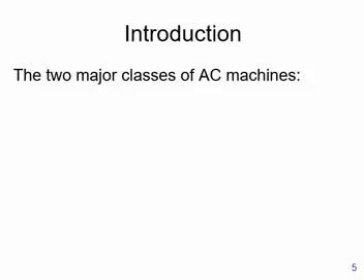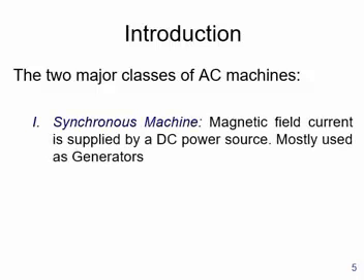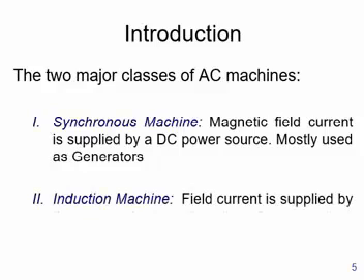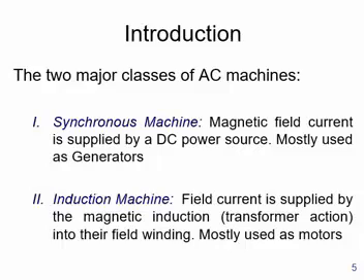Now we classify the AC machines into two types. First class is the synchronous machine and the second class is the induction machine. In a synchronous machine, the current is supplied by a DC power source, and in an induction machine the current is supplied by magnetic induction.